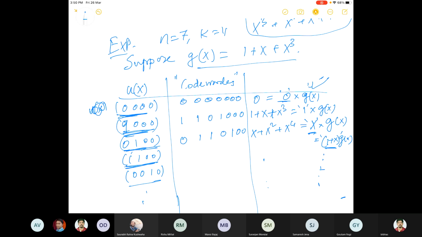In fact here you can see this is the same as this one, and this is the same as this one. So this is the information part, and this is the parity check part. So it is already constructed this way. So you take 1 times gx, x times gx, 1 plus x is the ux here, and so on. You multiply this, you get this.